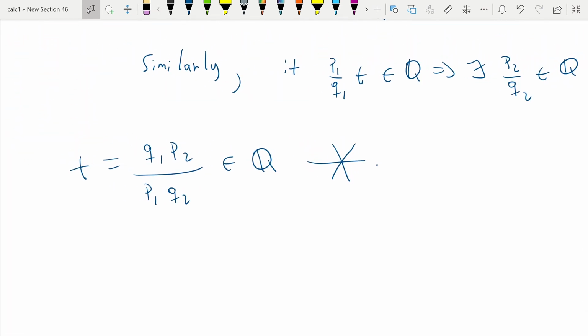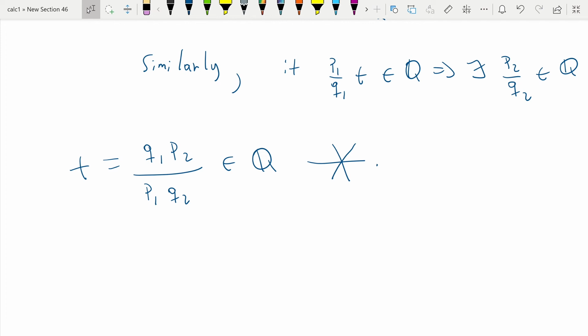Okay, so let's summarize. If we add rational numbers, we obtain rational numbers. If we multiply rational numbers, we obtain rational numbers. If we multiply one rational number and an irrational, you obtain an irrational number, unless the rational number was equal to 0.